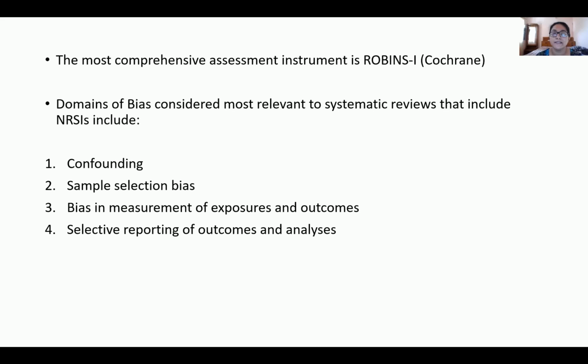The domains of bias considered most relevant for systematic reviews, particularly if they include non-randomized studies of intervention, are confounding, which is very important when we consider non-randomized studies, sample selection bias, bias in measurement of exposures and outcomes, and selective reporting of outcomes and analysis.